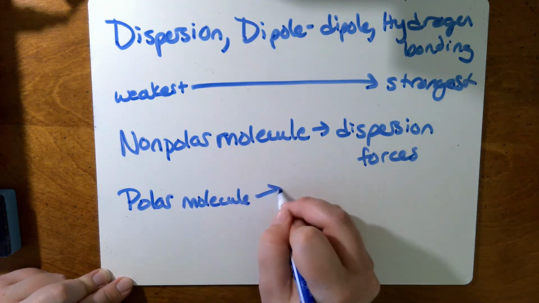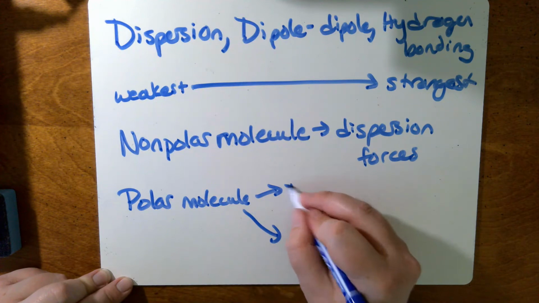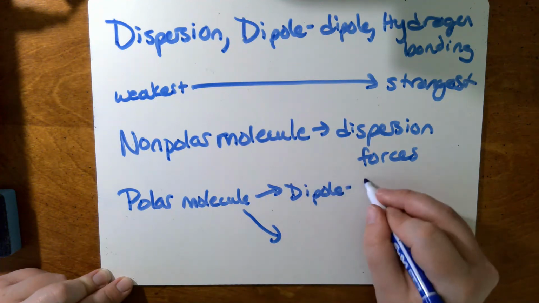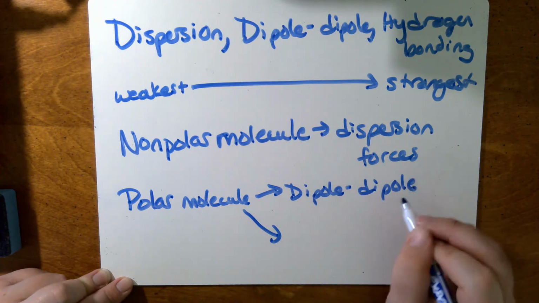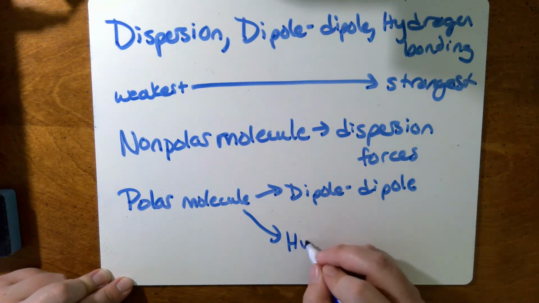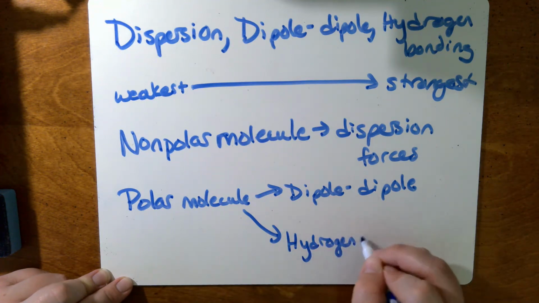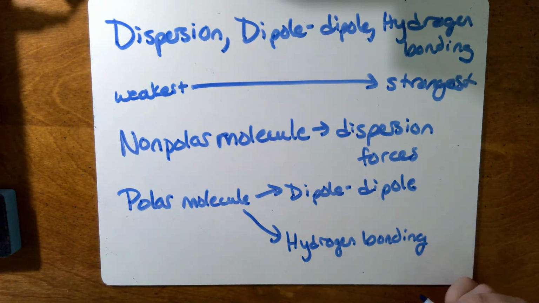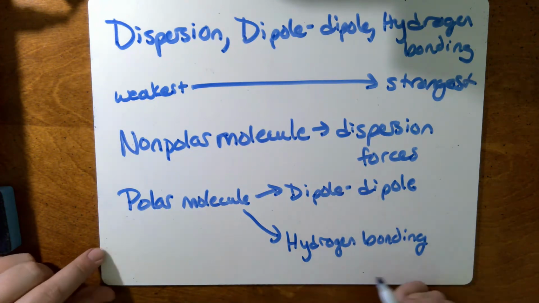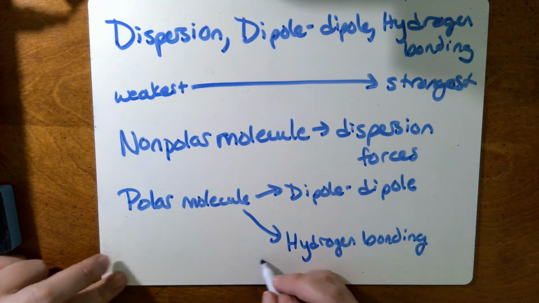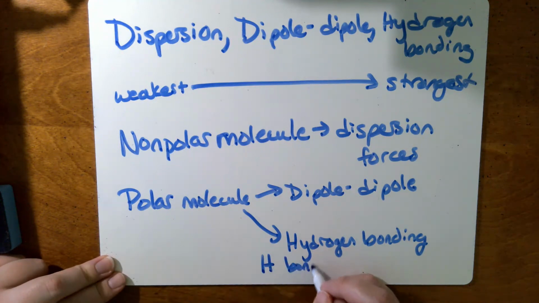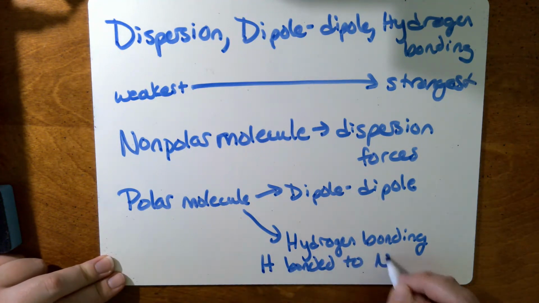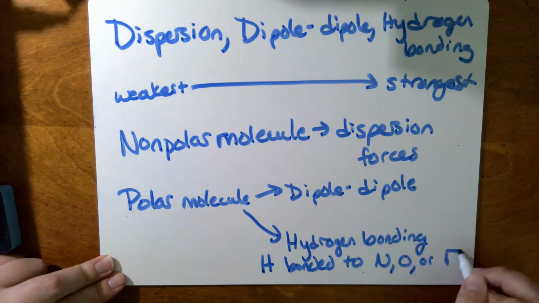Either I have dipole-dipole forces, or I have hydrogen bonding. Hydrogen bonding is kind of like a special, extra strong type of dipole-dipole force that occurs when I have hydrogen bonded to nitrogen, oxygen, or fluorine.